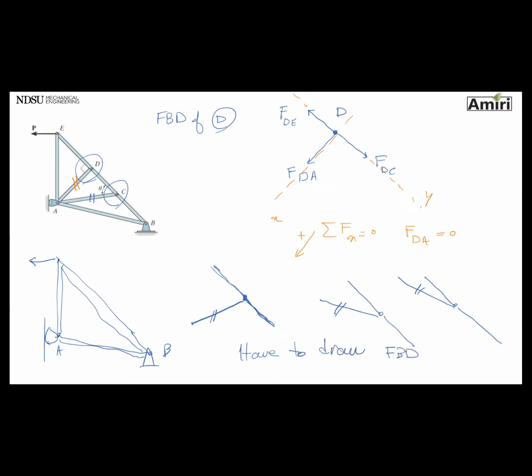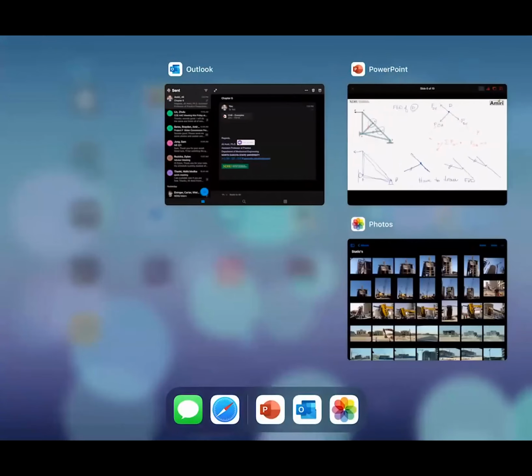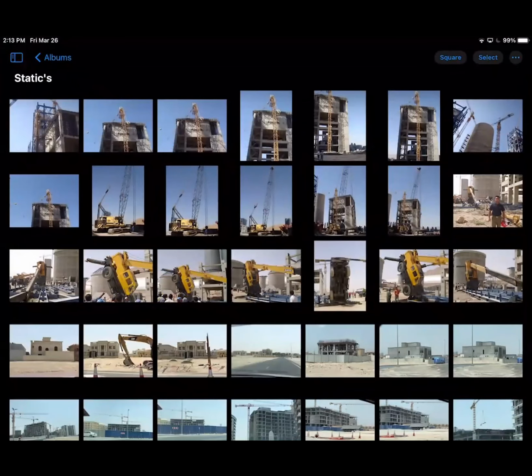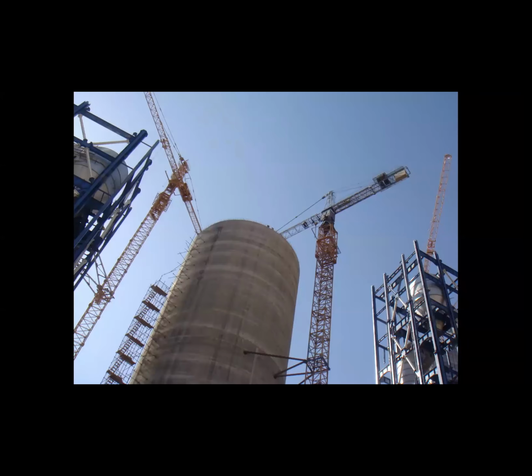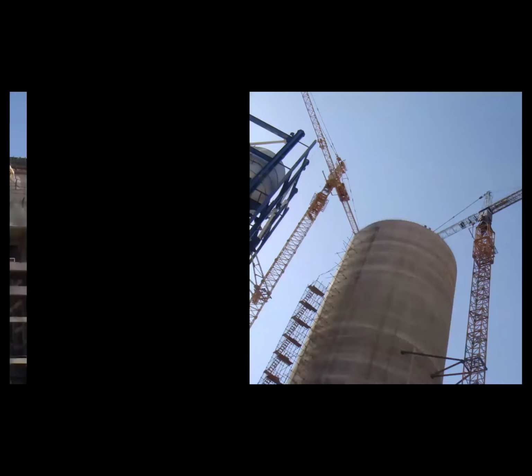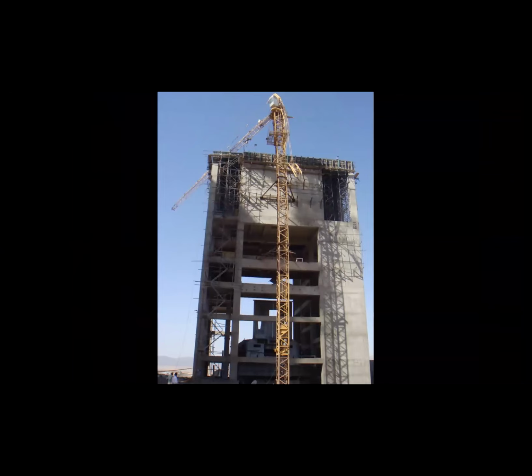Okay, so let me show you something when we say support. This was a tower crane. This is a similar one, not the exact one. An accident happened, and you can see it totally crumbled down. There was a mobile crane and a tower crane, and when the mobile crane was moving around, there was a miscommunication between the two drivers.